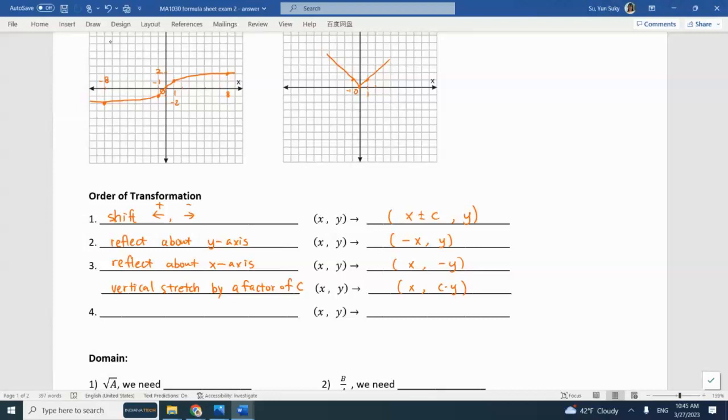Yes, c times y. Okay, last one. Yeah, shift up or down. And you're changing the x or y? The y. So y plus or minus c. Is that clear, everybody?